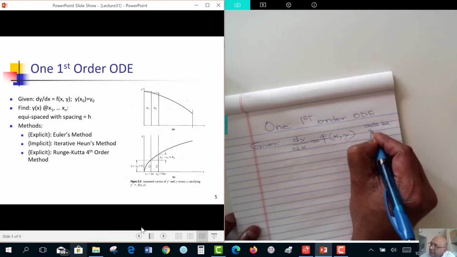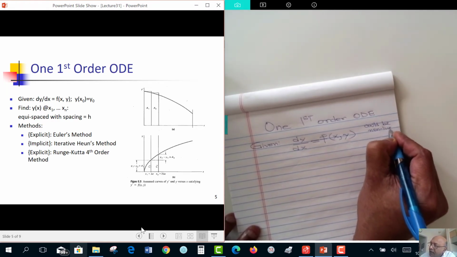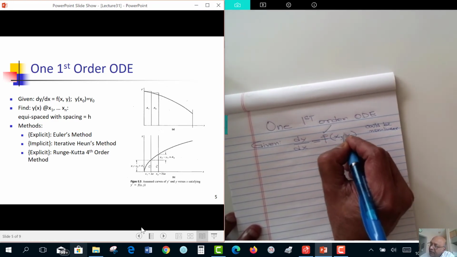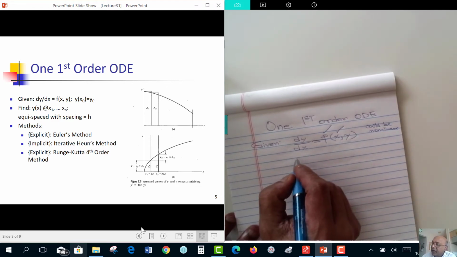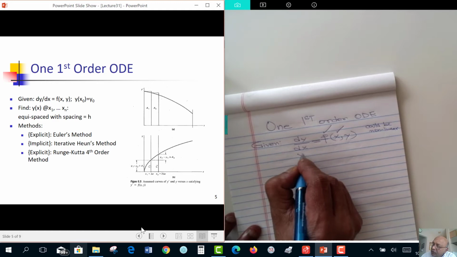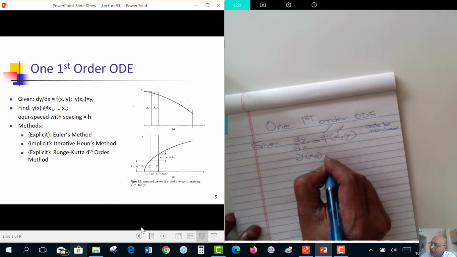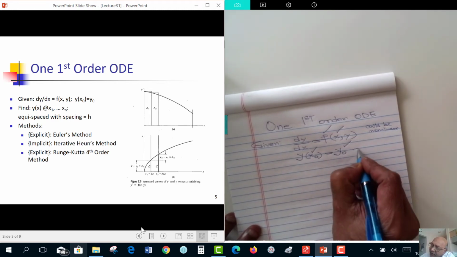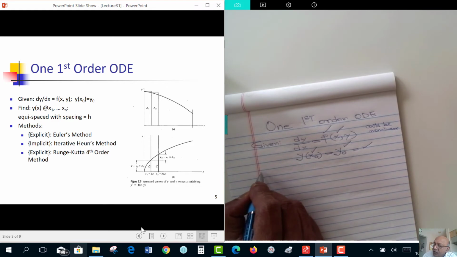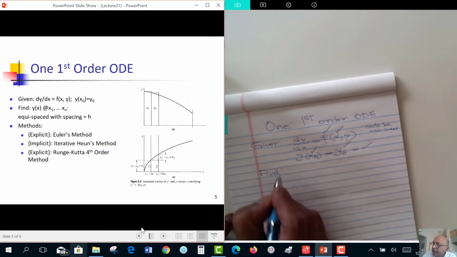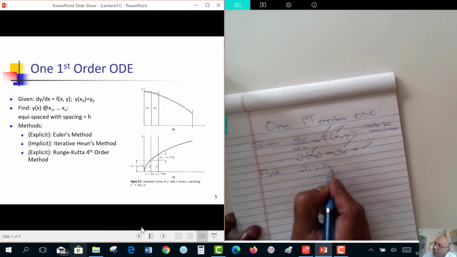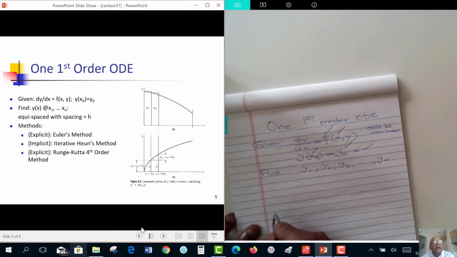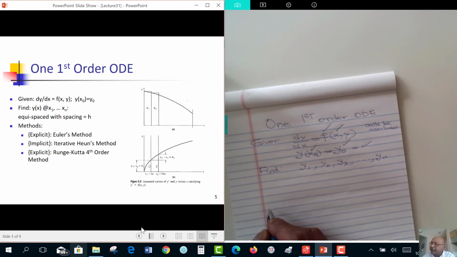We are going to solve all kinds of first order ordinary differential equations. When we say we are given, it means that we know the function and we know the x values. We also know one initial condition, so we know at some x0 what is y0. And then what we want to find is y1, y2, y3, and so on, up to yn. And let's say our x's are equispaced.